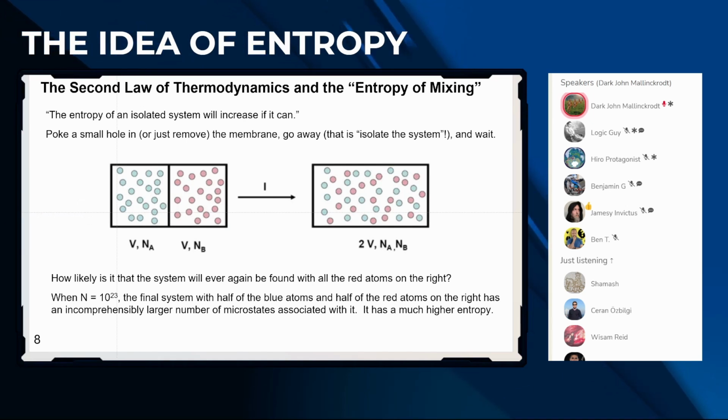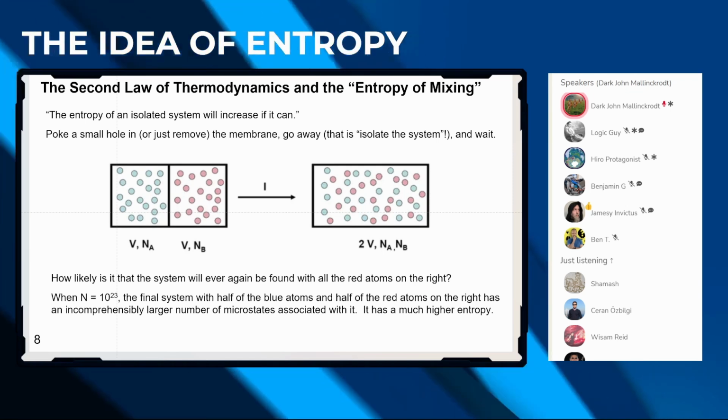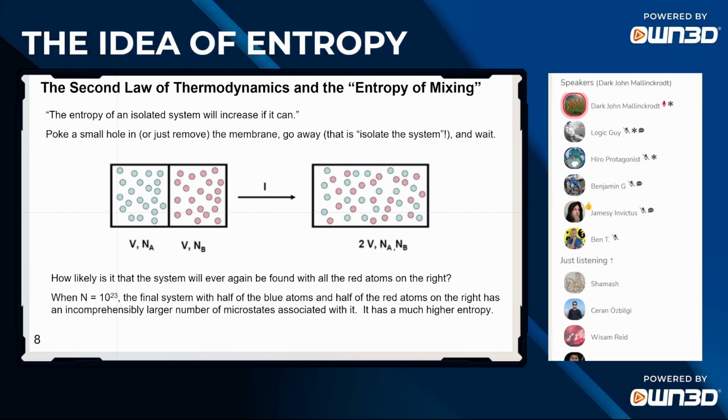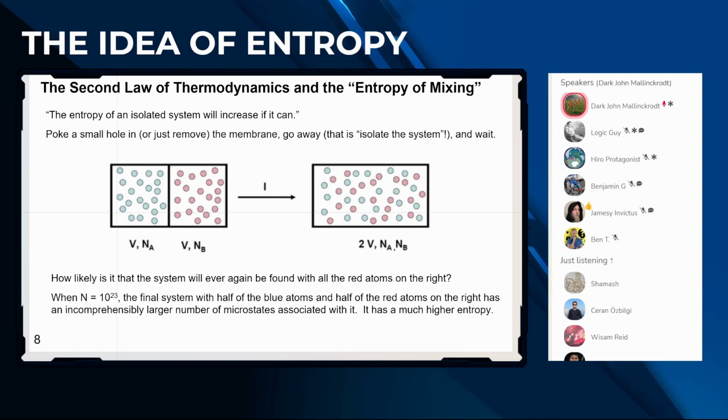It really is red if you want, and the other one really is blue if you want. And it's isolated in the sense that the outer wall, forget about the membrane, is impervious. Those walls can't move. Nothing can poke through them. No heat can flow through them. So that is an isolated system.